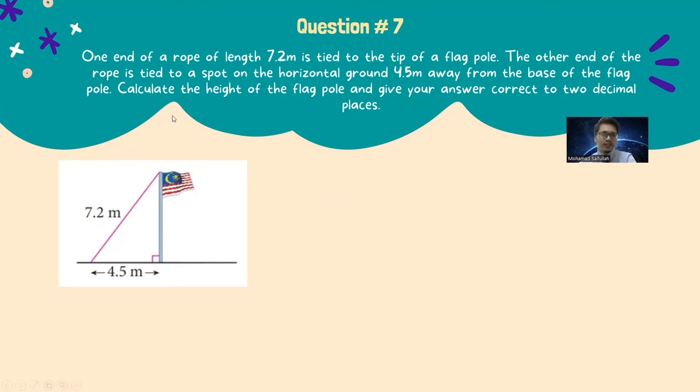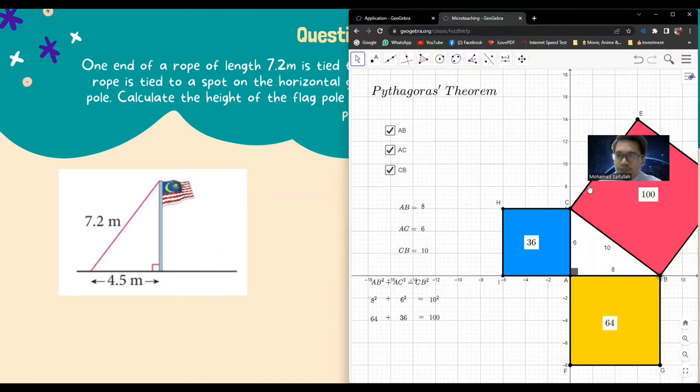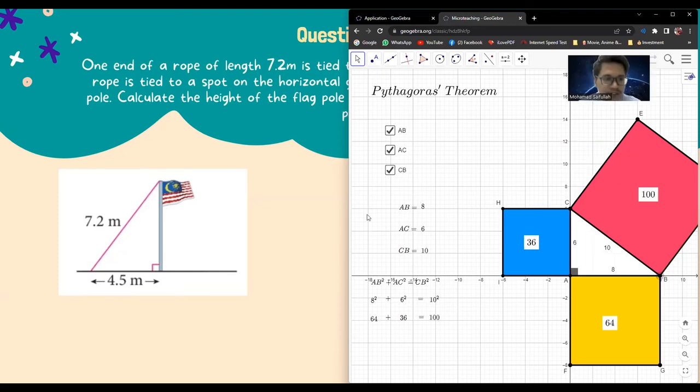Okay, this is the image of this question. As you can see, the question asks you to find the height of the flagpole. So what you're going to do is just transfer the values to our teaching aids here. As you can see, it has 7.2 and 4.5.